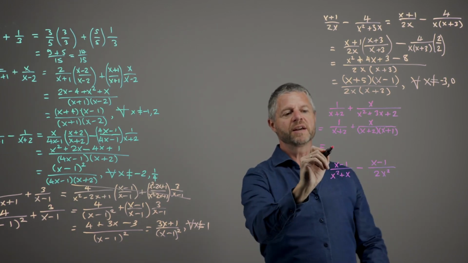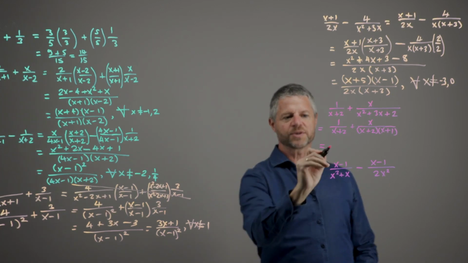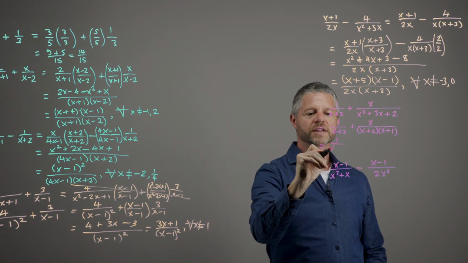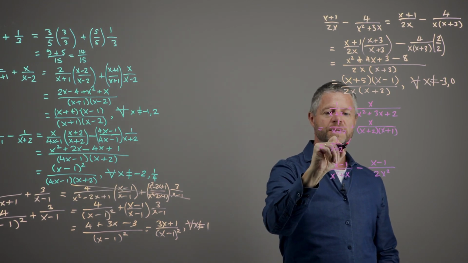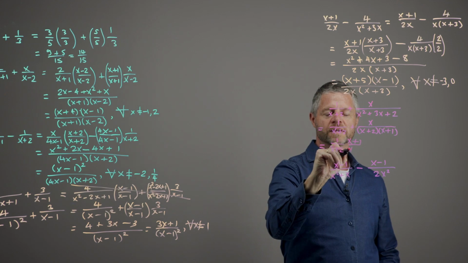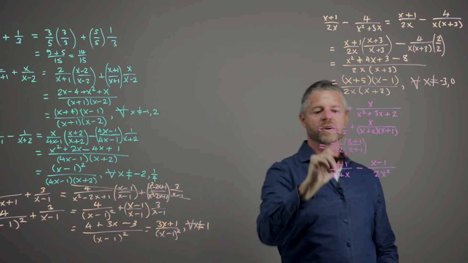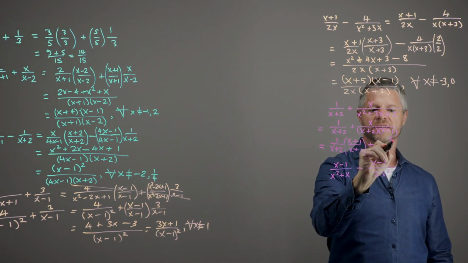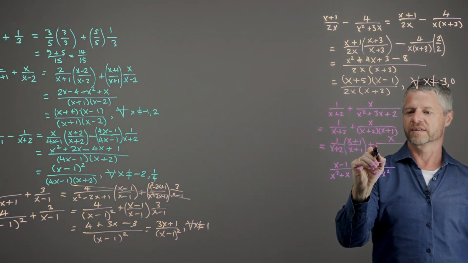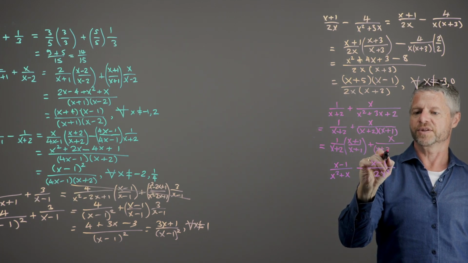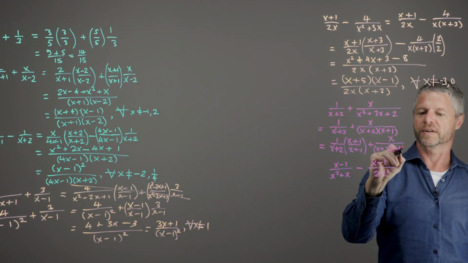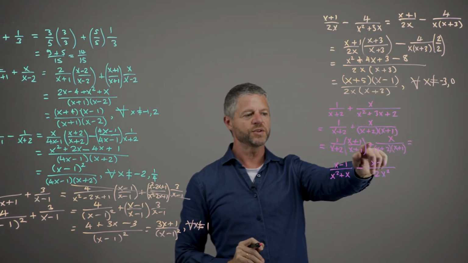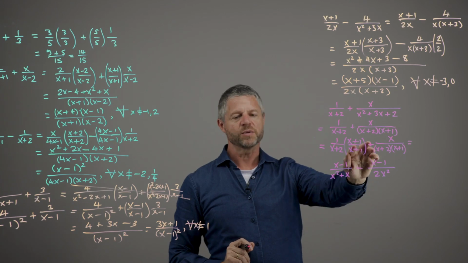So there's nothing we need to do to the second rational expression. We just need to get the first rational expression to have that common denominator. So we'll multiply by x plus 1 over x plus 1. So we'll have 1 over x plus 2 times x plus 1 over x plus 1, and then x over x plus 2, x plus 1. And then finally, we just need to figure out what's in the numerator.